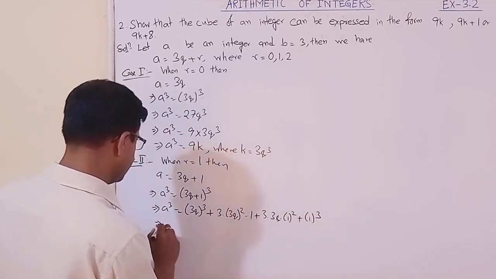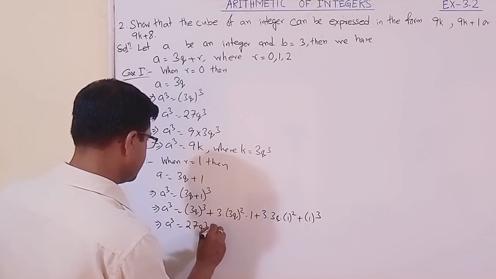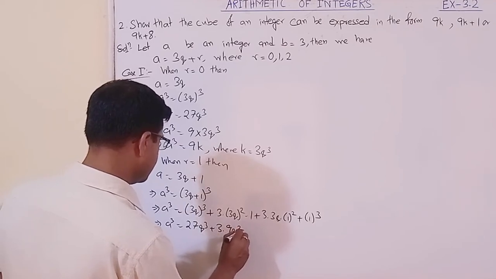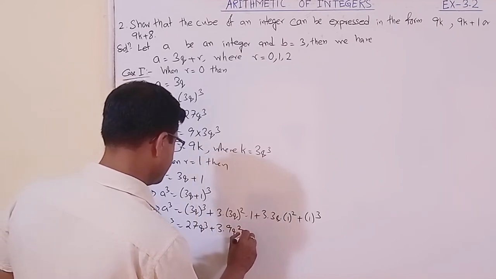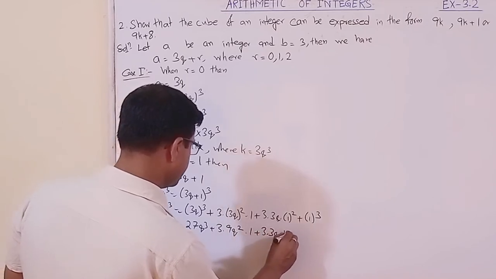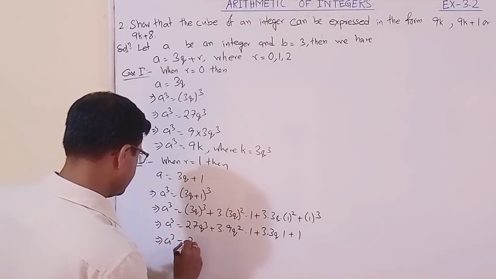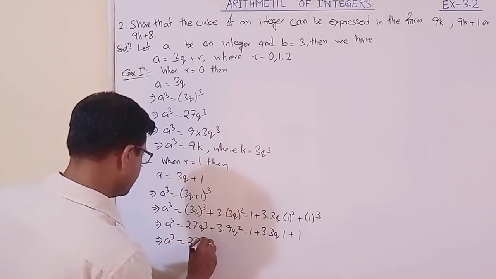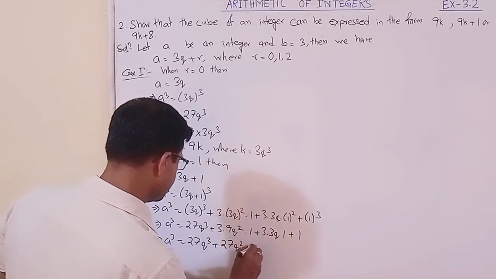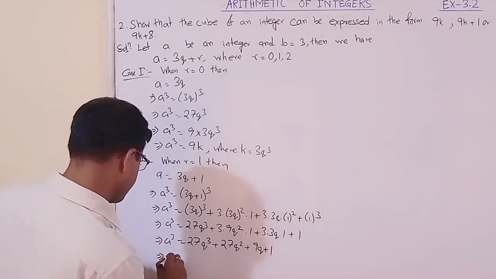Okay, so it is 27q cube plus 3 q square into 1 plus 3q into 1 plus 1 cube. So 27q cube, 3 9s are 27, q square, 3 3s are 9q, plus 1 cube.